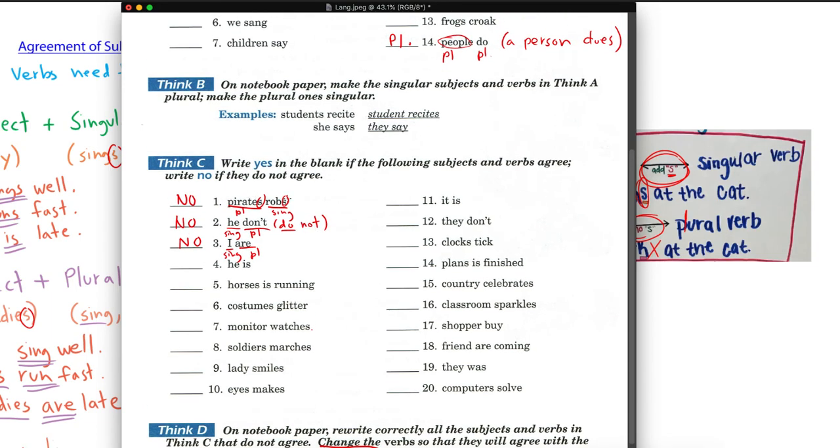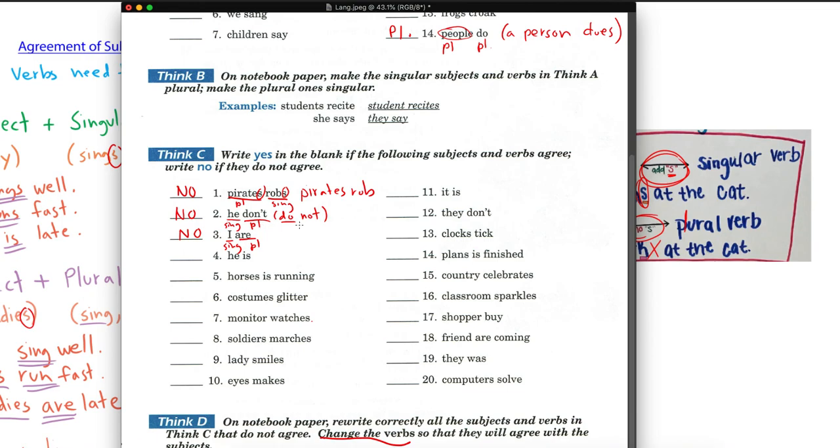So instead of saying "pirates robs," how do I need to change the verb "rob" to make it plural? I would write "pirates rob," right? So just remove the s. So "pirates rob." For this one, "he don't."